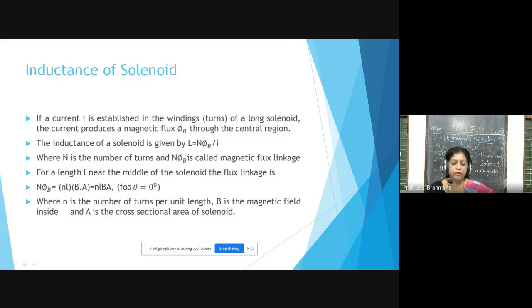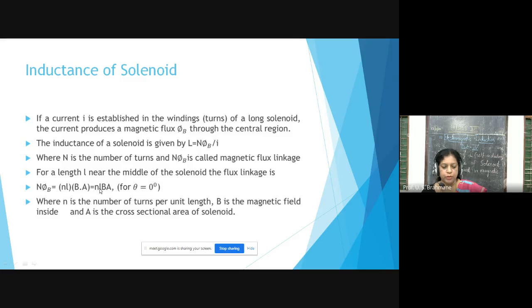We have seen in magnetic field due to electric current that for the solenoid the magnetic field is B equal to mu 0 n i.